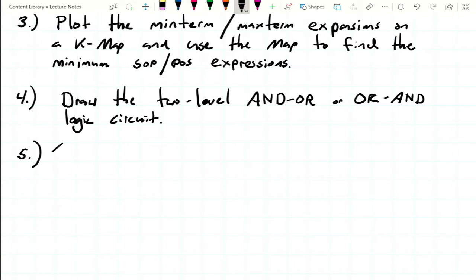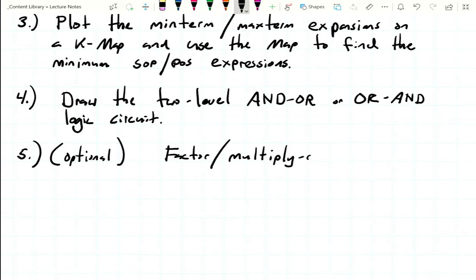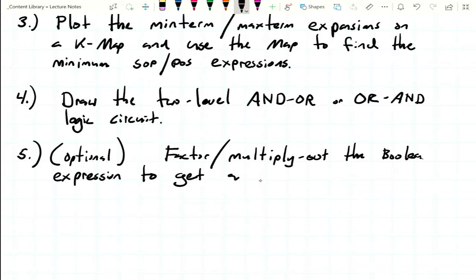So step 5, we'll call it optional, is factor or multiply out the Boolean expression to get a multi-level circuit of AND-OR.